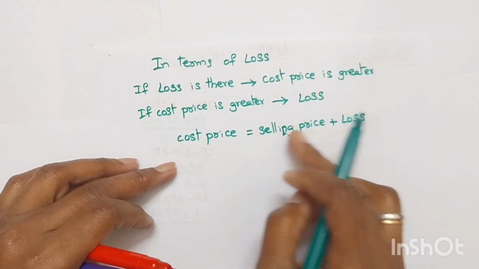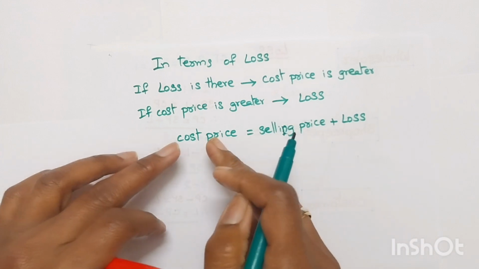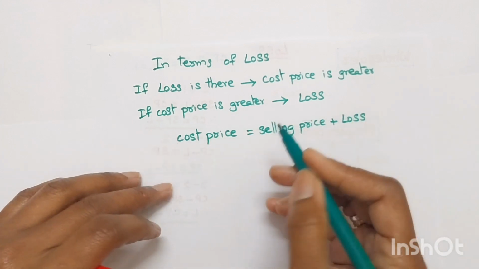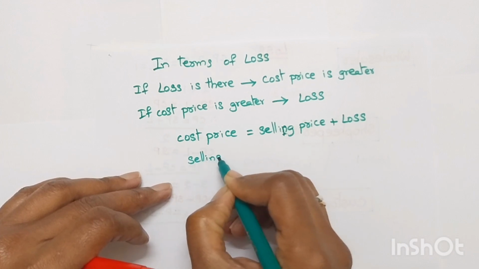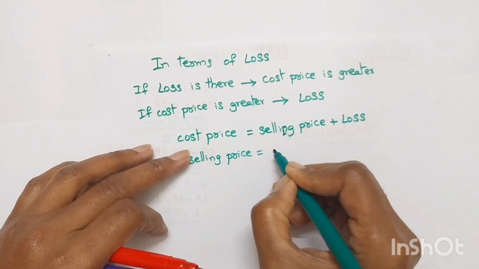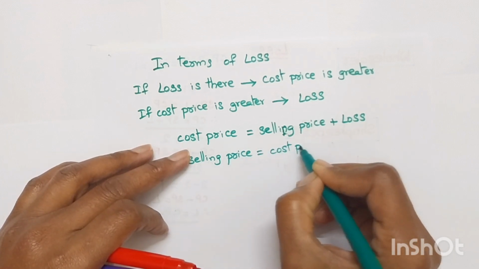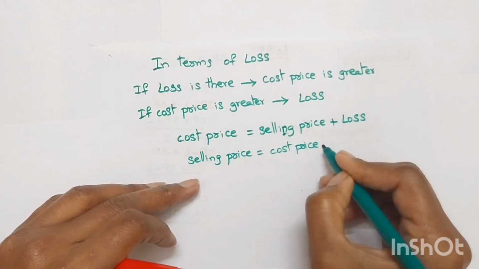If we want to get any one of these values, we do greater value minus the remaining one. Now I want the value of selling price. Selling price equals the greater value, cost price, minus the remaining one.